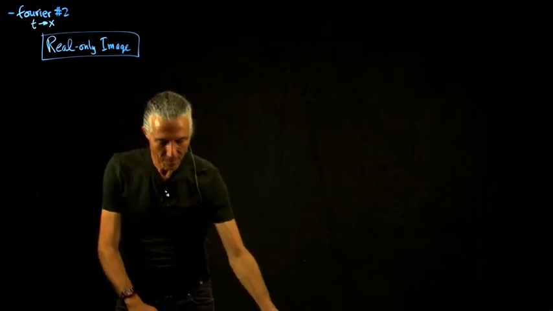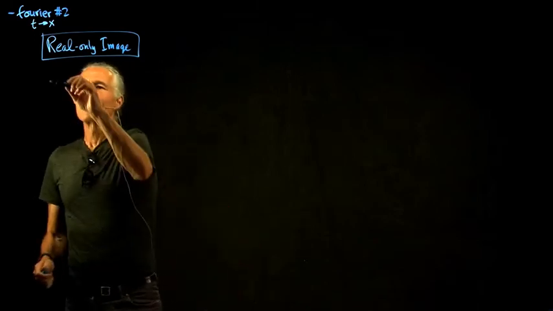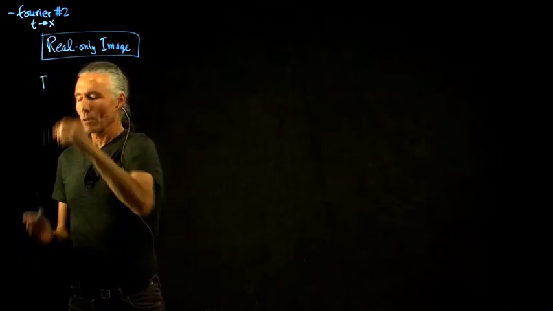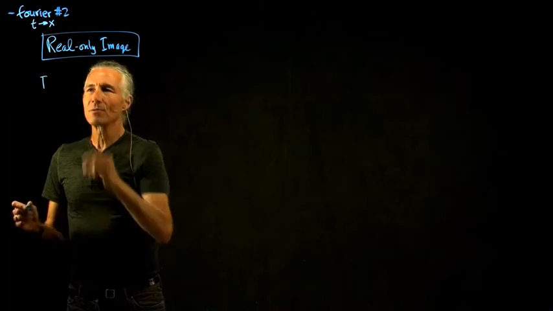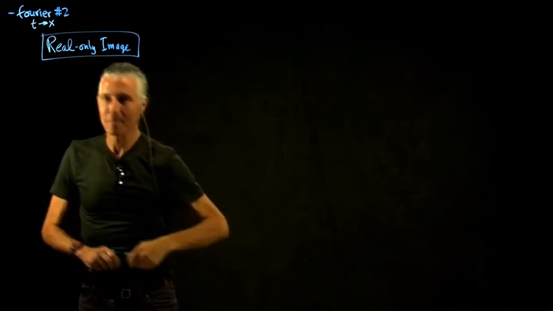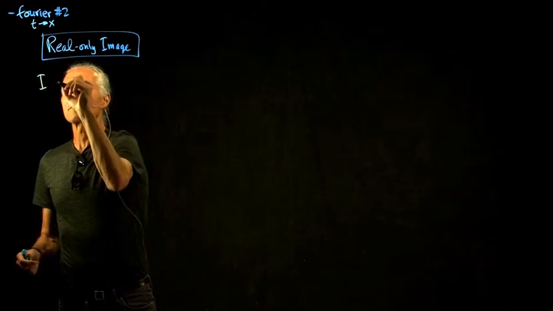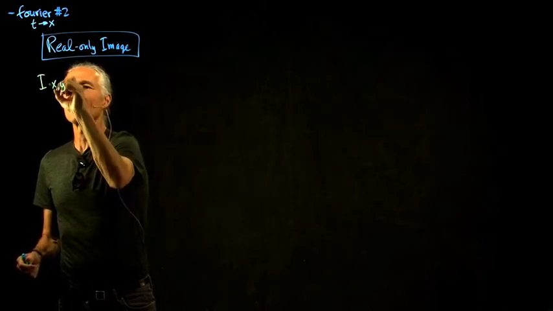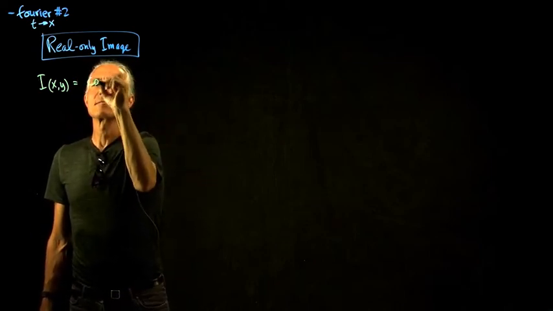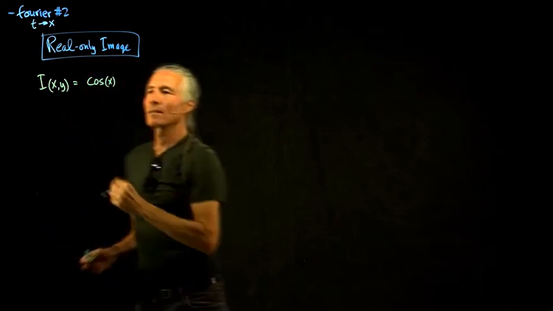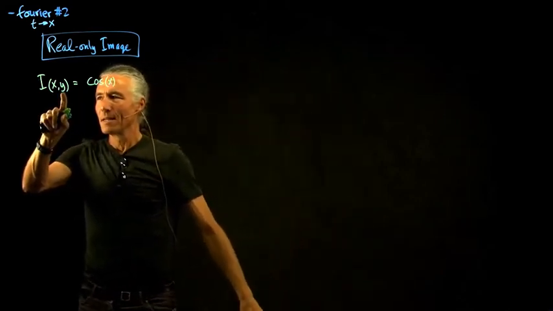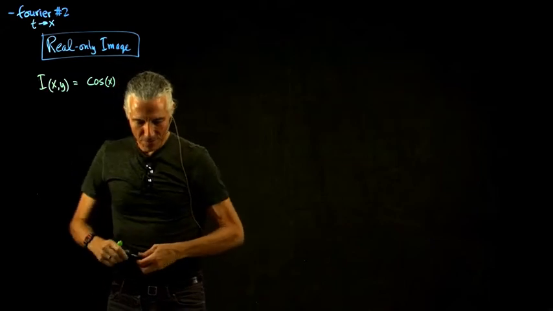So for our real image, we're going to use a very simple cosine brain. The image at an xy point is just equal to the cosine of x. So what does that mean? That means you can change y as you fill in your image.